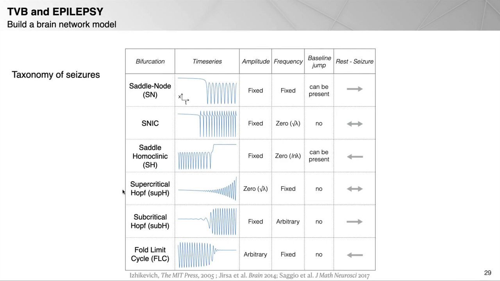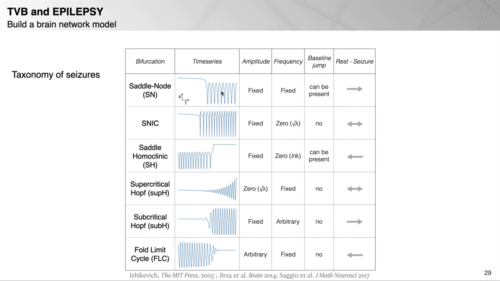In the experiment, the onset of the seizures is characterized by the abrupt appearance of fast discharges. This transition is limited to either a subcritical Hopf bifurcation or a saddle node bifurcation. However, the saddle node bifurcation requires a baseline shift of the measured time-dependent variables.